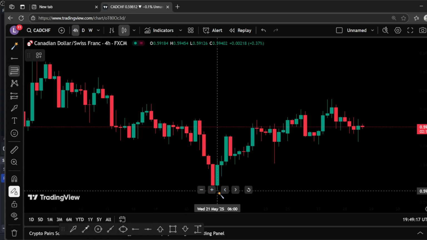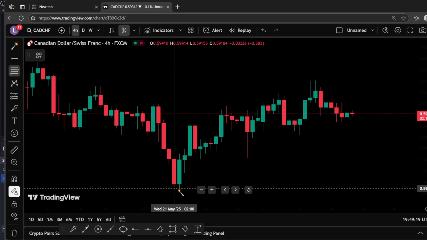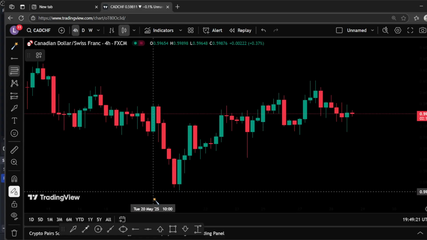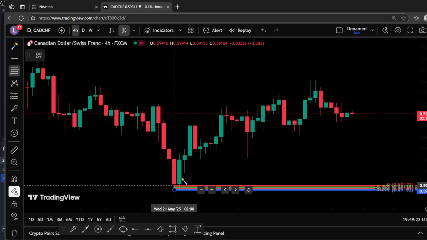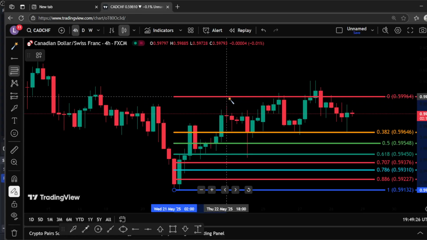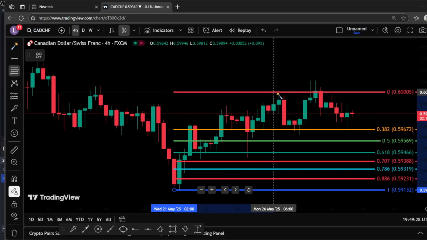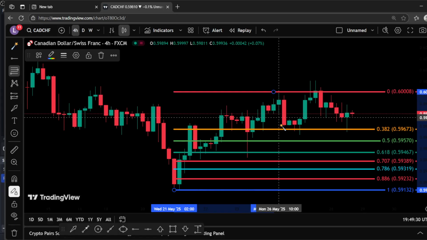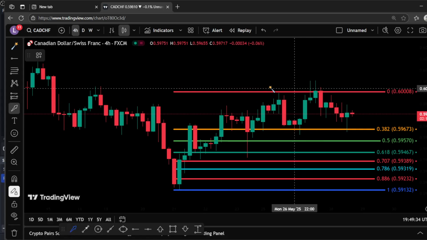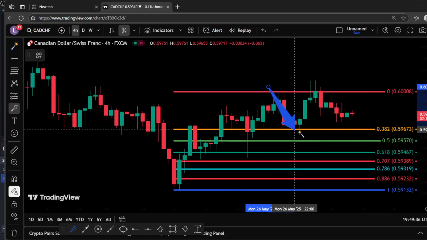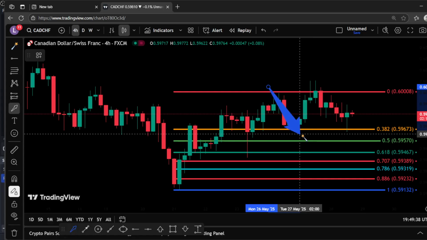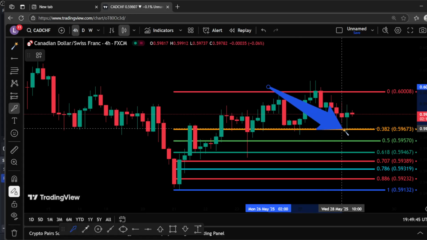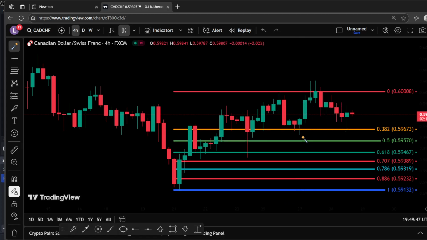We plot from the move to the upside, which is from here to right there, all right. So we had this pullback that stopped between 0.382 and 0.5, all right.